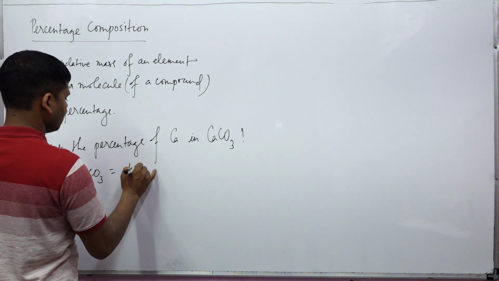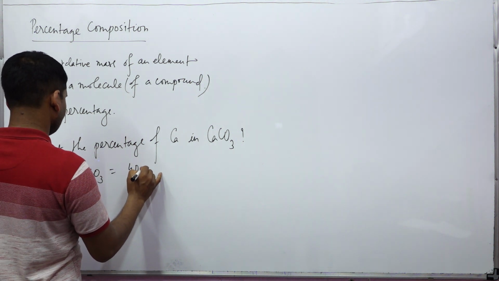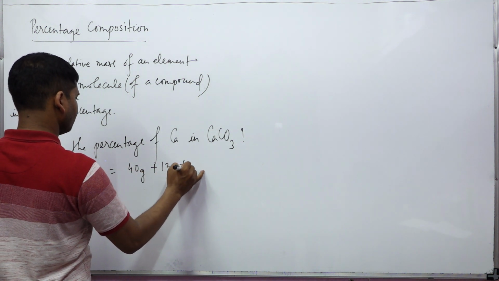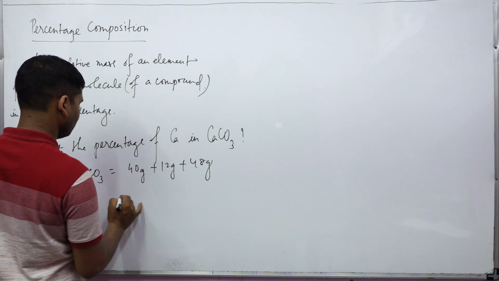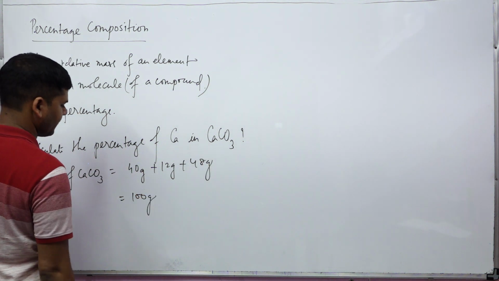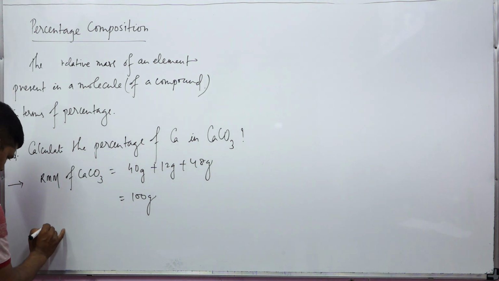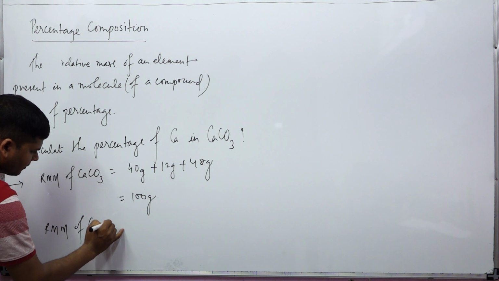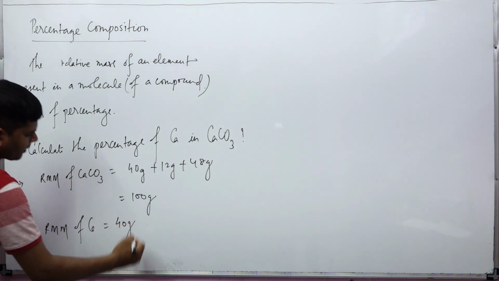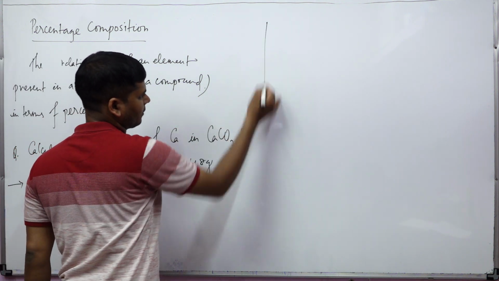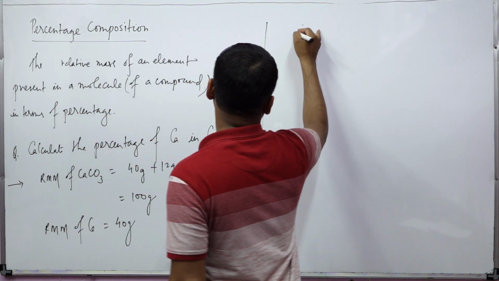You have just learnt 40 gram plus 12 gram plus 48 gram, you will get 100 gram. And relative atomic mass of calcium will be 40 gram. Here I have expressed in terms of gram, so need not get confused.